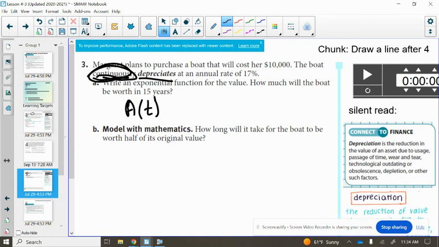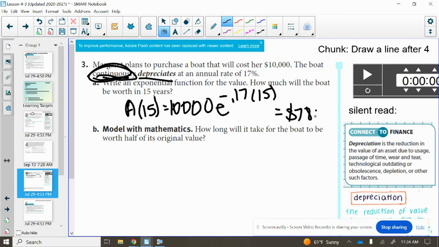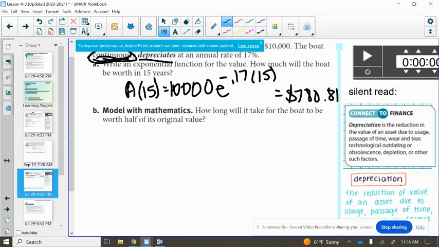So what's the amount after, in this case, time is 15 years. Well, going to take that initial amount and then E to that R value, this time with depreciation. For the PERT formula, you plug it in as a negative, and then the 15th power. We see on this one that it's going to come out to be about $780.81. So over time, that's really taking quite a hit when you're depreciating continuously as well.